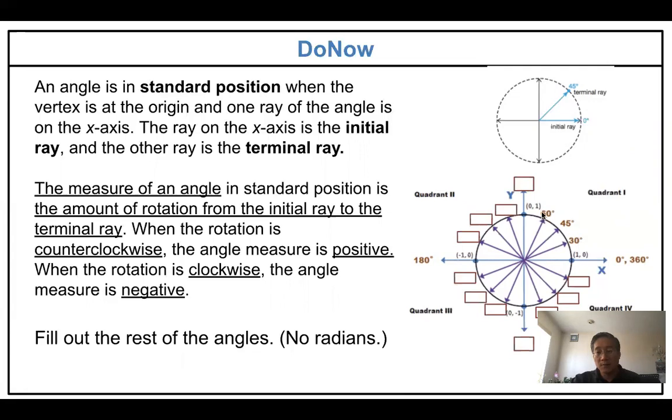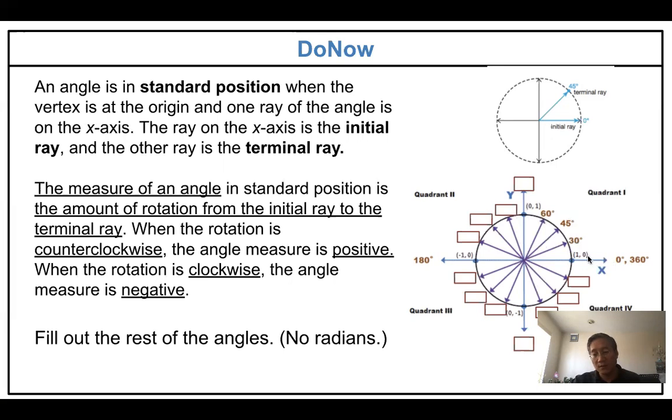These are the very important basic angles, starting from 0 degrees, 30 degrees, 45 degrees. If you cut this half, we know that this is a right angle, 90 degrees. If you cut it in half, it's 45 degrees. 1/3 is 30 degrees, 2/3 is 60 degrees.